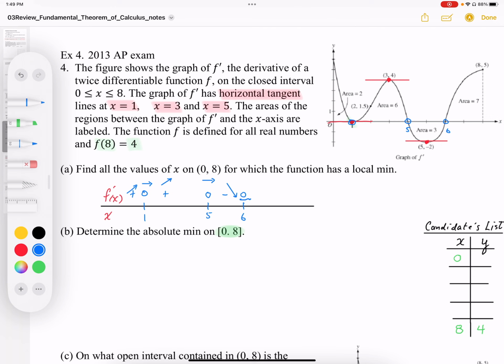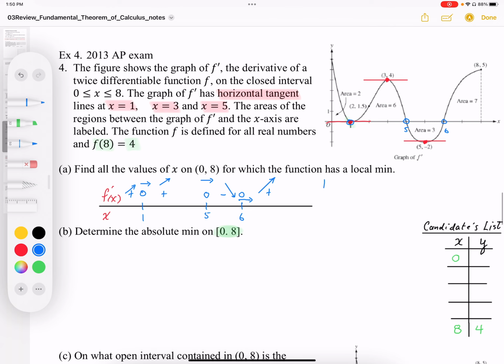At 6, we have our horizontal tangent. And to the right of 6, the y coordinates of f prime are positive, so we're sloping up. Okay, so the local min is only happening at x equals 6. So local min at x equals 6.